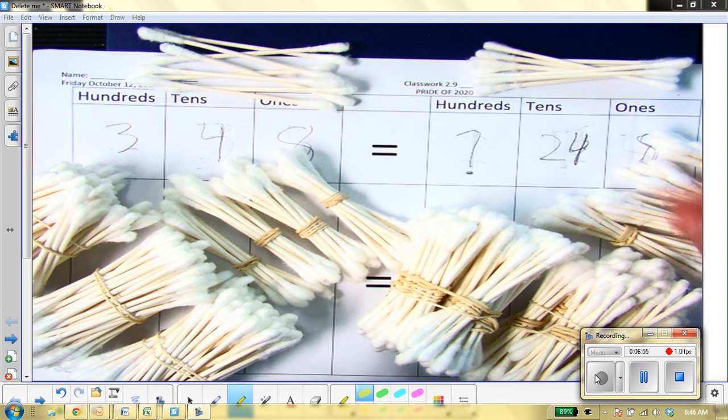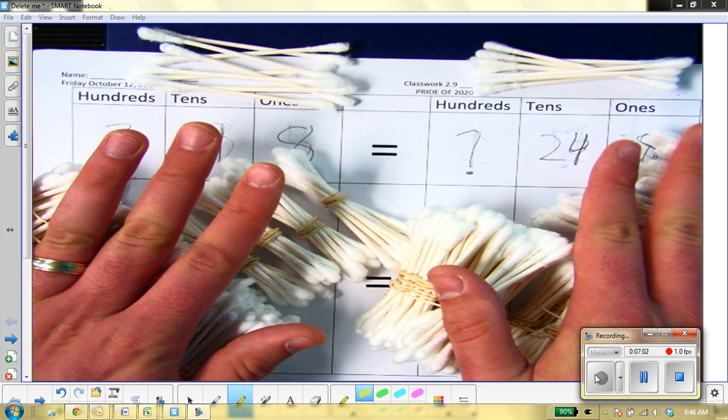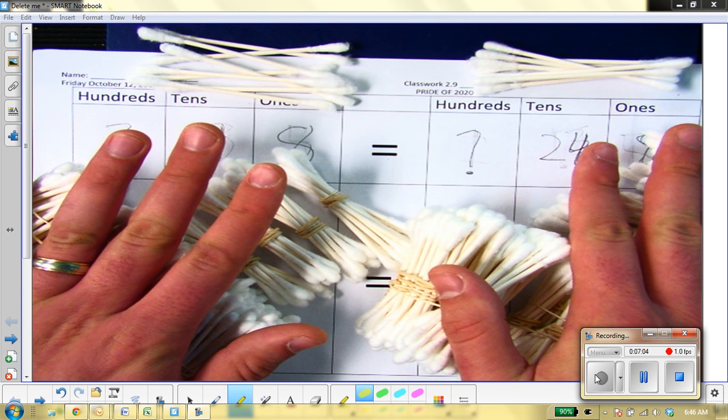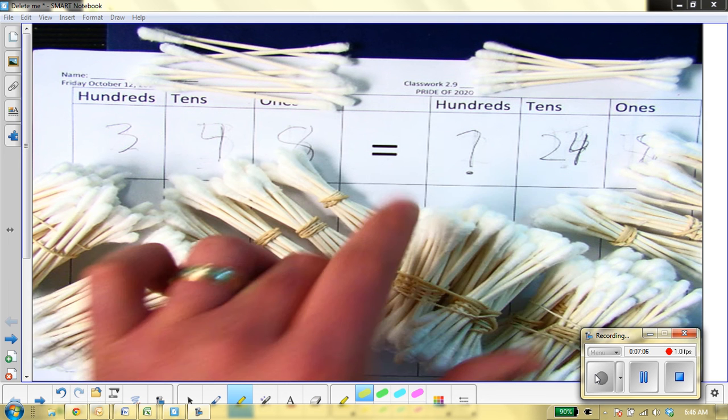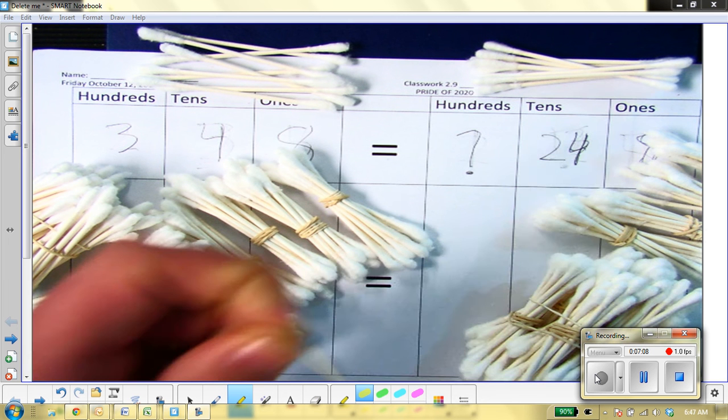I need 24 tens. I can't bring in extra tens. If I bring in extra tens, then this is not going to be weighted the same. The right half and the left half won't have the same number of Q-tips. What I can do is take apart 100s.